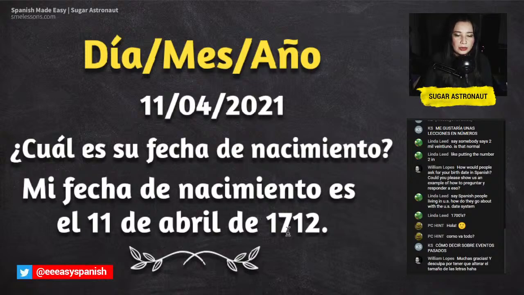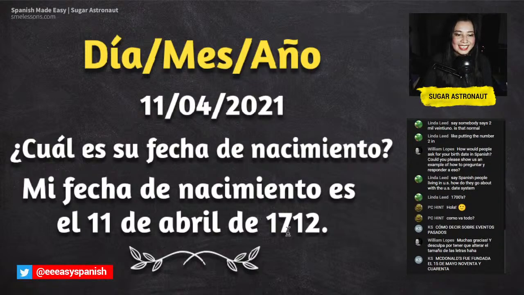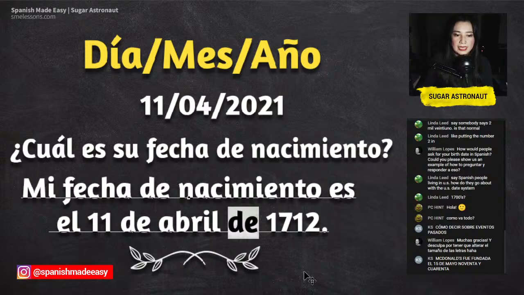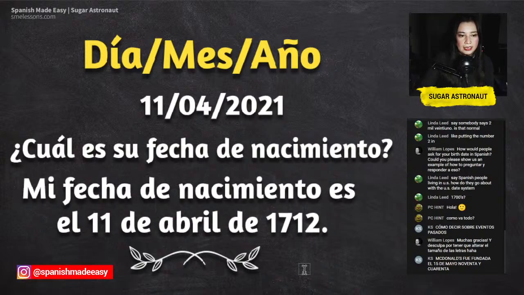So it looks like you use del when you're talking about the year 2000 and up, okay? And if you're talking about 1700s, 1800s, 1600s years, then it's very likely that you have to say de 1712, okay?